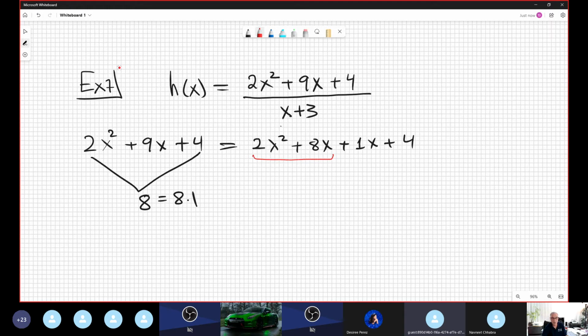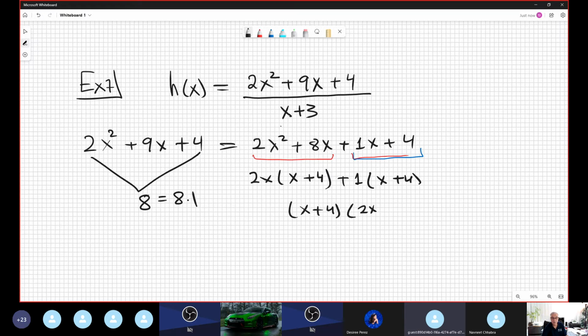Factorization of this couple, and factorization of that couple. The greatest common factor is 2x. This is x plus 4. And the greatest common factor is 1, because we have no common factor. Therefore, x plus 4 factors out again, one more time, 2x plus 1.